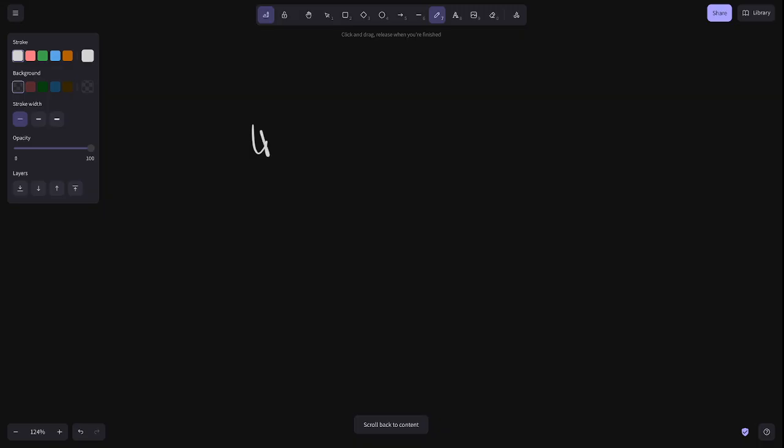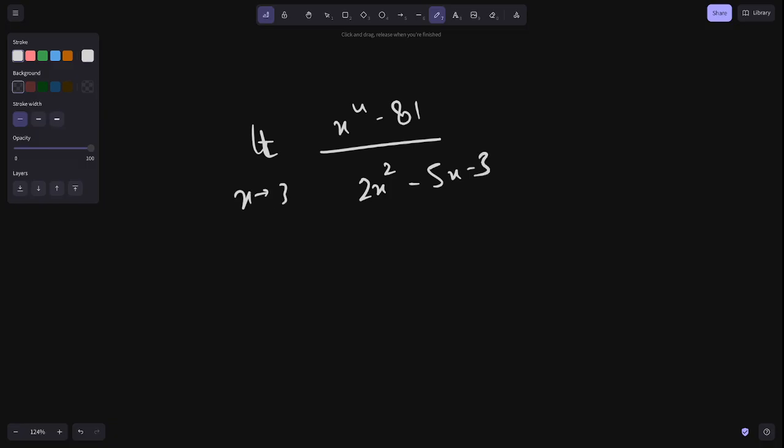One last limit, let's try to do it. So let's say limit of x to the power 4 minus 81, by 2x square minus 5x minus 3, x tends to 3. Is this 0 by 0? 81 minus 81, yeah, the upper one is 0. Next is, 50 minus 15 minus 3 plus... yeah, it's 0 by 0. Okay.